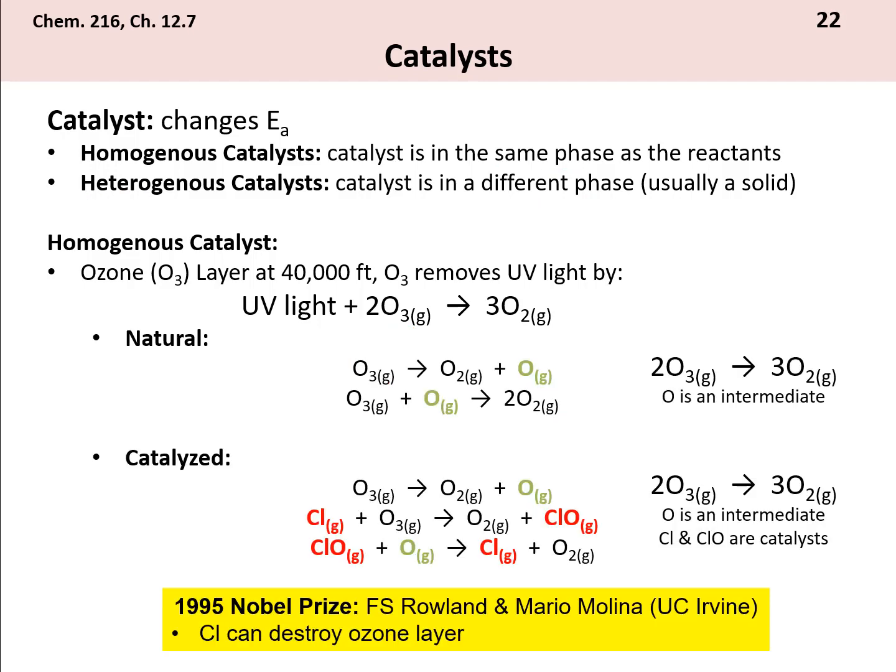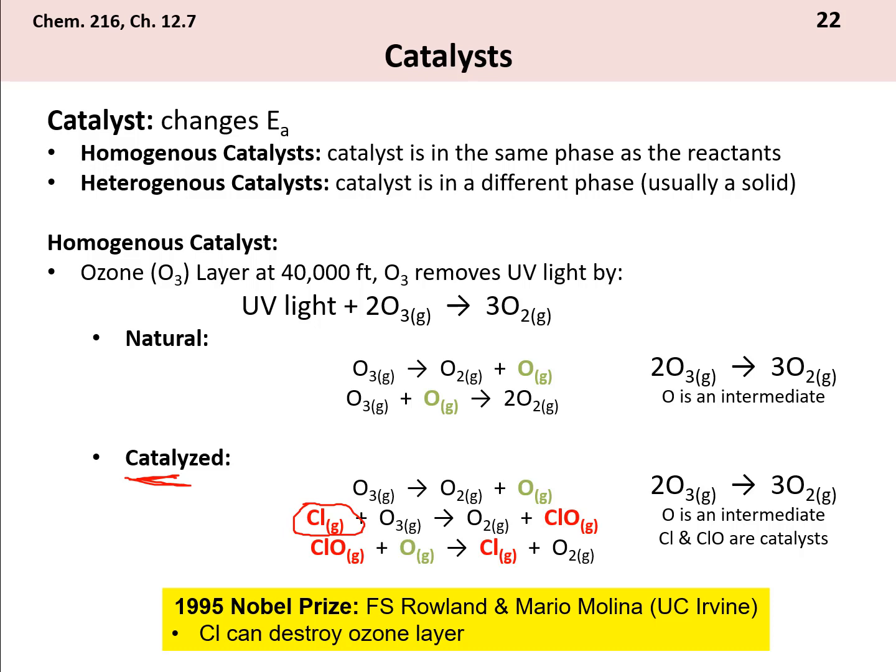Now, what happened is that we ended up having, as humans, we started producing a lot of things that produce chlorine. And this chlorine went ahead and destroyed the ozone by a second reaction, right?